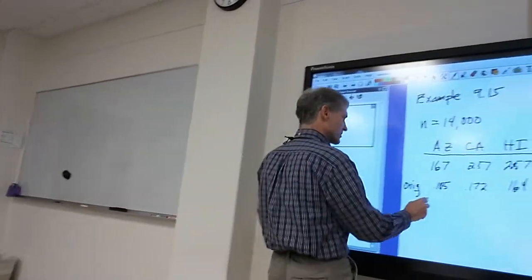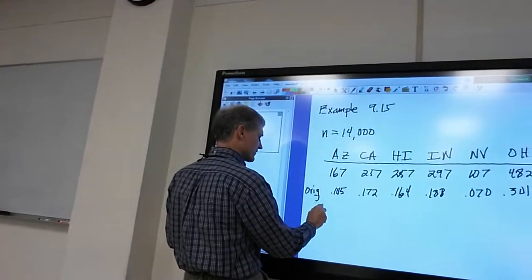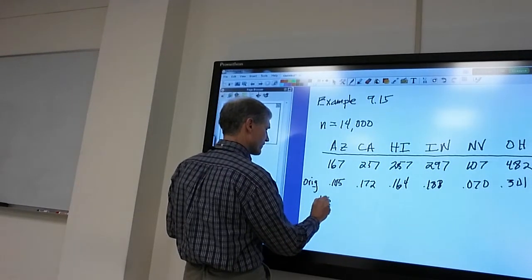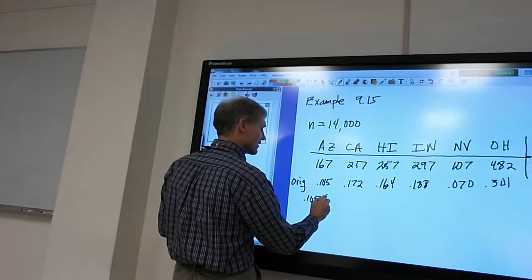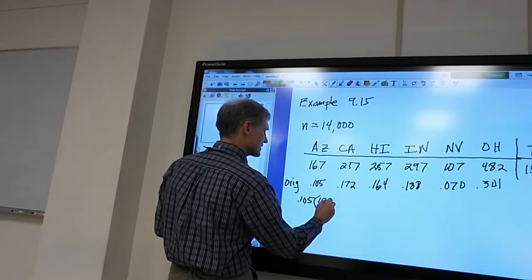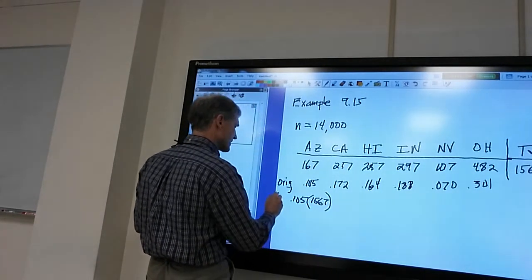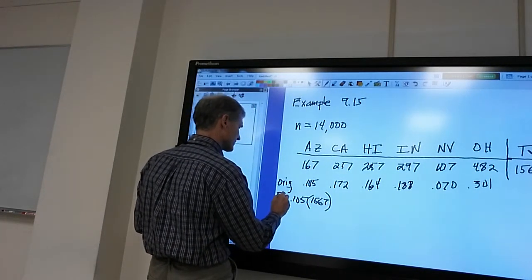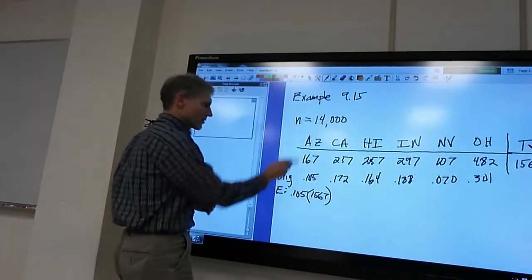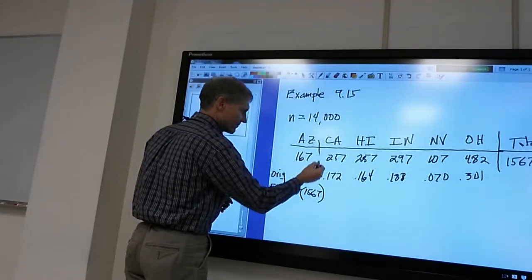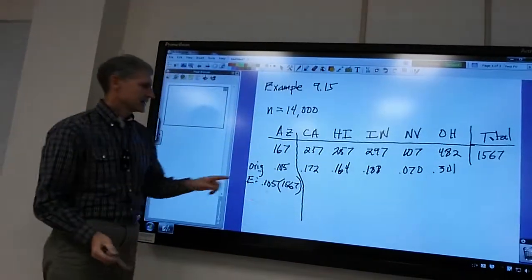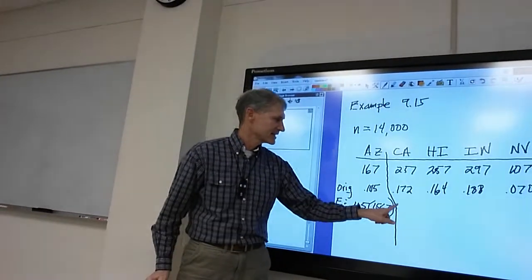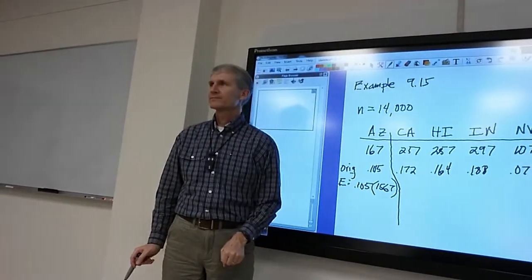So just to illustrate, I'll write it out for this first one. 0.105 times 1567, and that's the expected count for Arizona. And then you do the same thing, and it's 1567 all the way across.